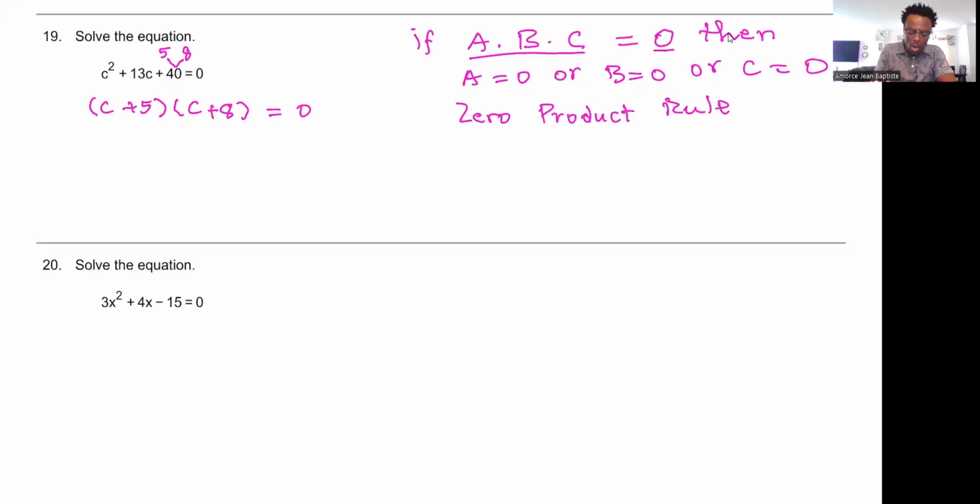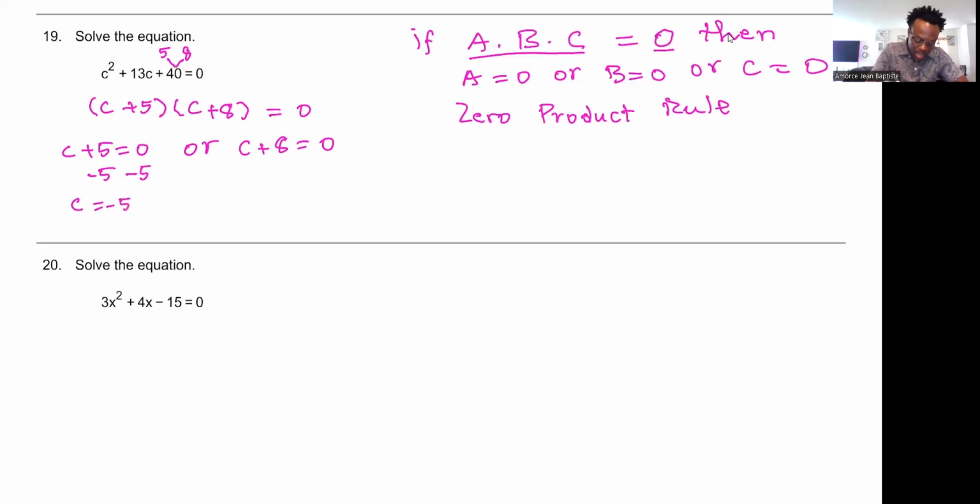And then go now apply your zero product rule. So that is C plus 5 equals 0, or C plus 8 equals 0. If I had more factors in my expression, then I would set them each equal to 0 and then solve each. So minus 5 on both sides here. C equals -5 for the first one.